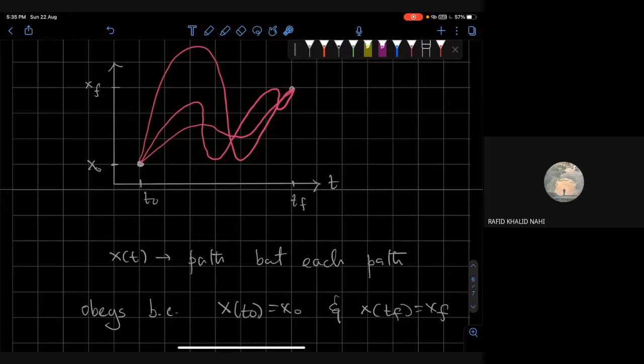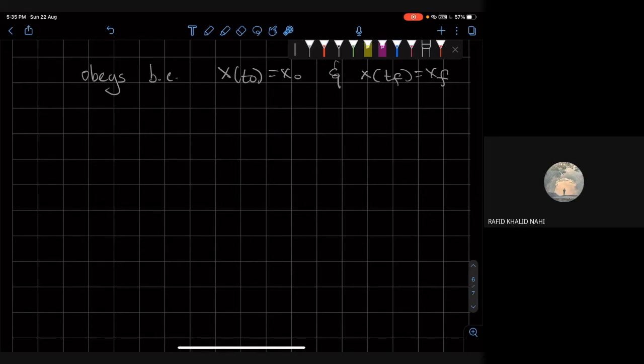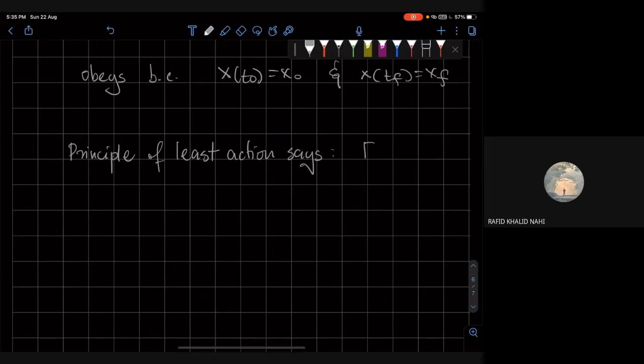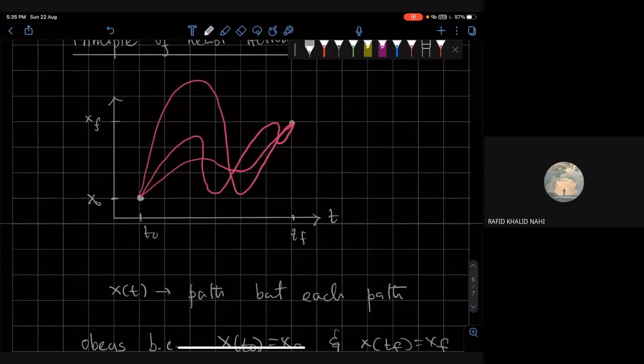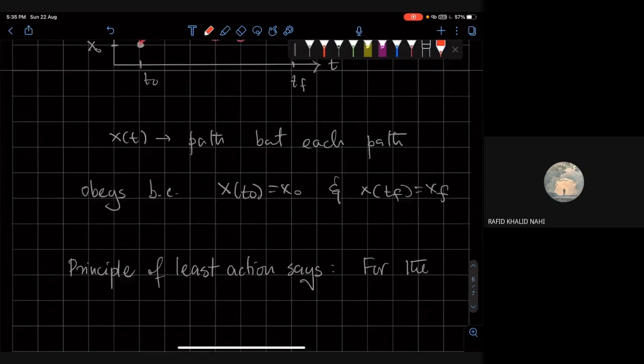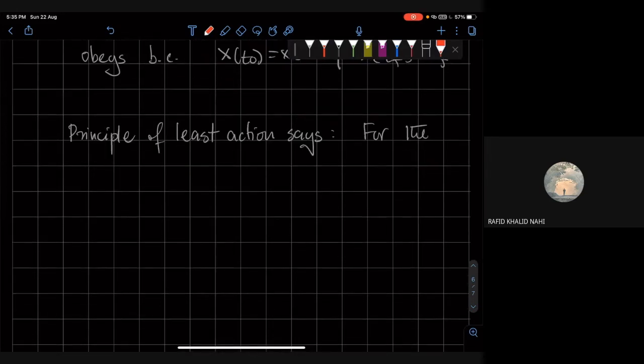Now, what the principle of least action says is that for the physical path, so of all these paths, there would be one path which would be physical. Suppose it's this path, the red path. Okay.